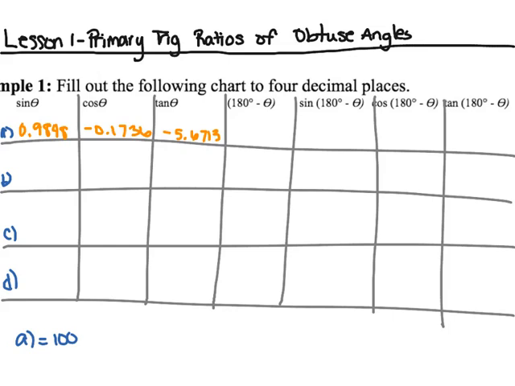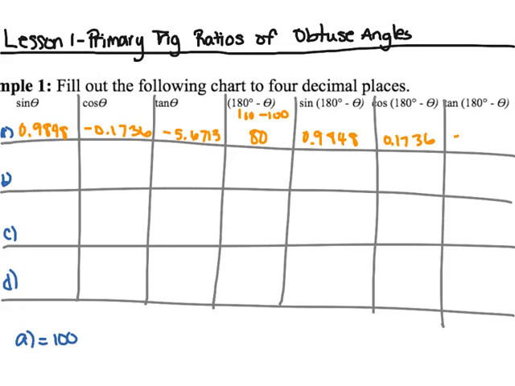Next, we're going to find the supplement. So if you take 180 and you subtract 100, you get 80 degrees. Now we're going to do the same thing, but instead of 100 degrees, we're going to do it of 80 degrees. So type sine of 80 degrees and you should get 0.9848. Cos of 80 degrees, you get 0.1736.